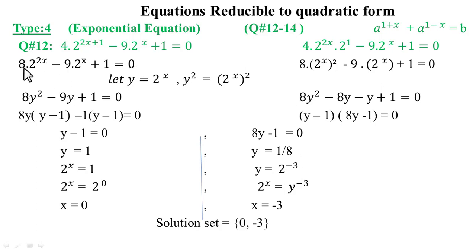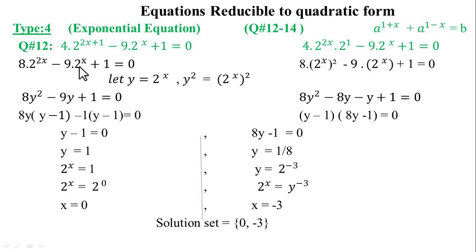Here we can see 8 multiplied by 2 to the power 2x minus 9 multiplied by 2 to the power x. Here this is the least term. So let us suppose that 2 to the power x is another variable y. So let y is equal to 2 to the power x. Taking square on both sides, y square is equal to 2 to the power x whole square, which is equal to 2 to the power 2x.